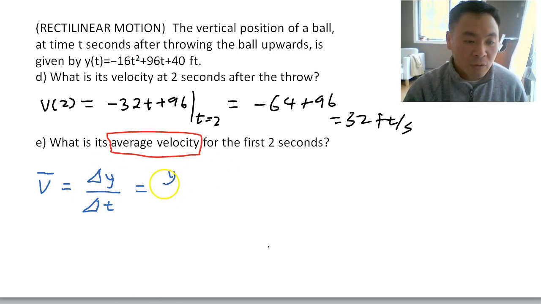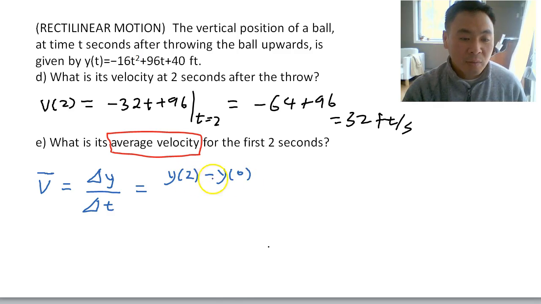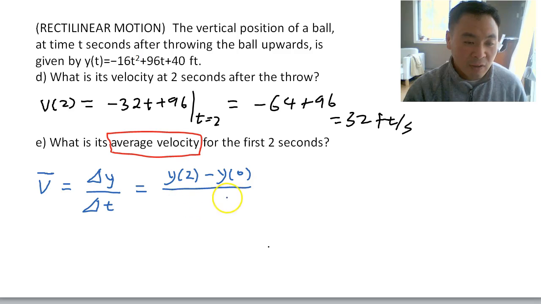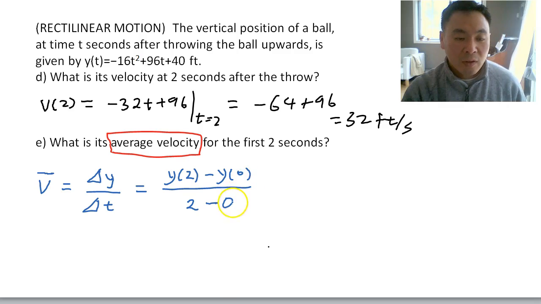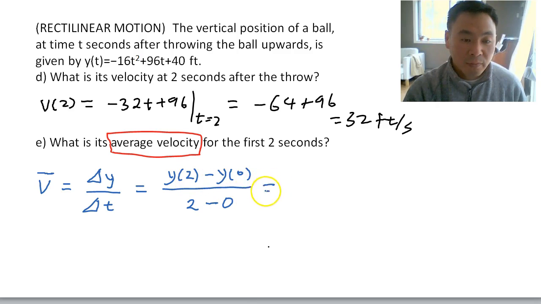We really want to know the position at time 2 minus the position at time 0, because terminal minus initial gives you the change in that quantity. Because we're doing the first 2 seconds, time 0 is the initial and the terminal time is 2. We are trying to take the difference of the position between the 2 times.